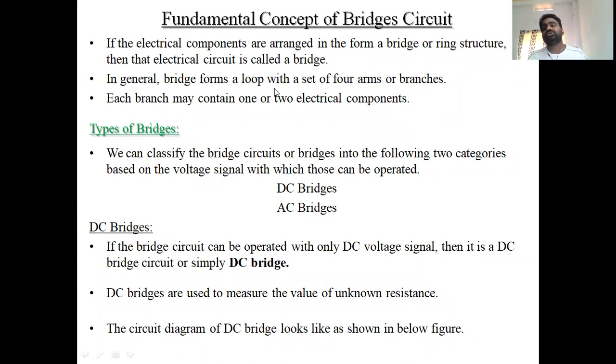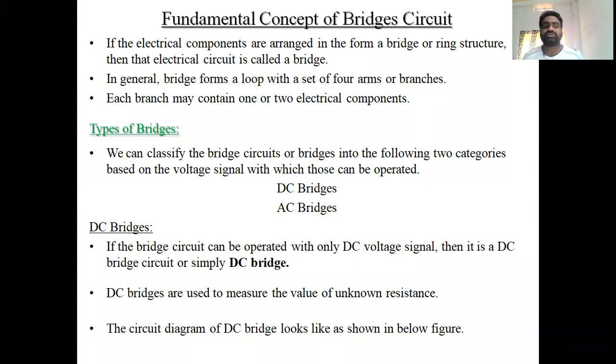This loop has particular arms or branches. Generally, for an electrical bridge, we have four arms or branches. Each branch contains one or two electrical components. It may be a resistance, or resistance and inductance, or resistance and capacitance, or inductance and capacitance, whatever the application.